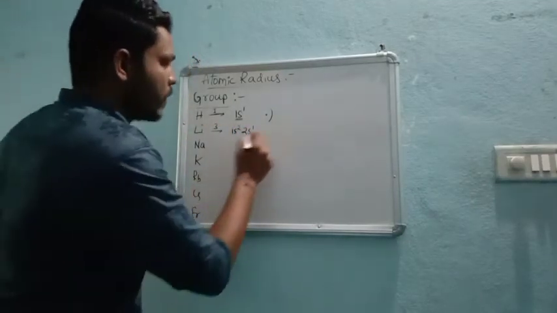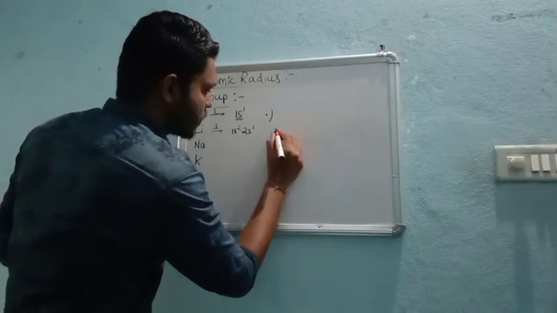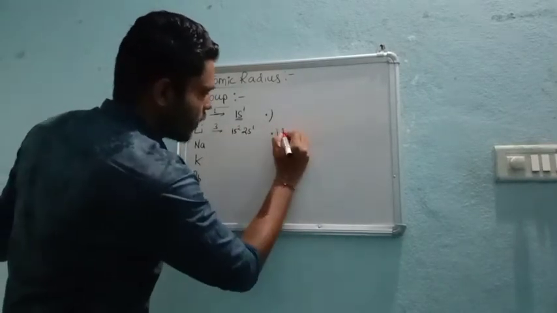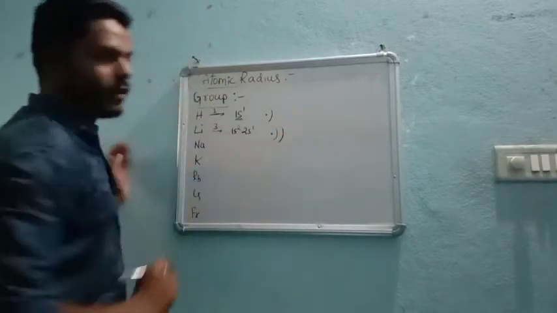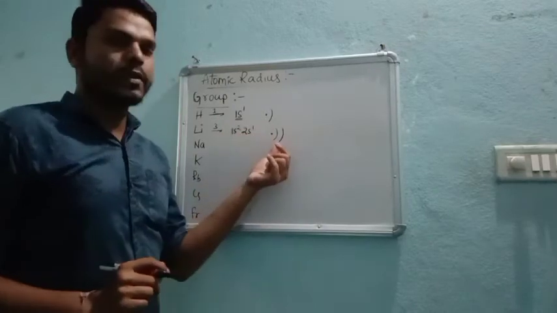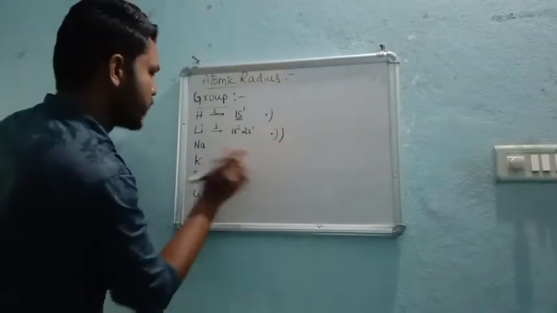So the atomic level diagram will again be the same: nucleus, first shell, and the second shell. In case of lithium we have 2 shells, so that's why I have shown 2 shells.